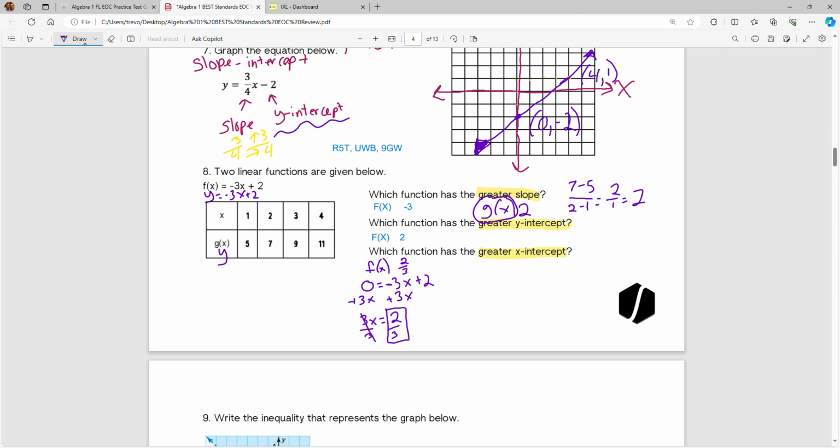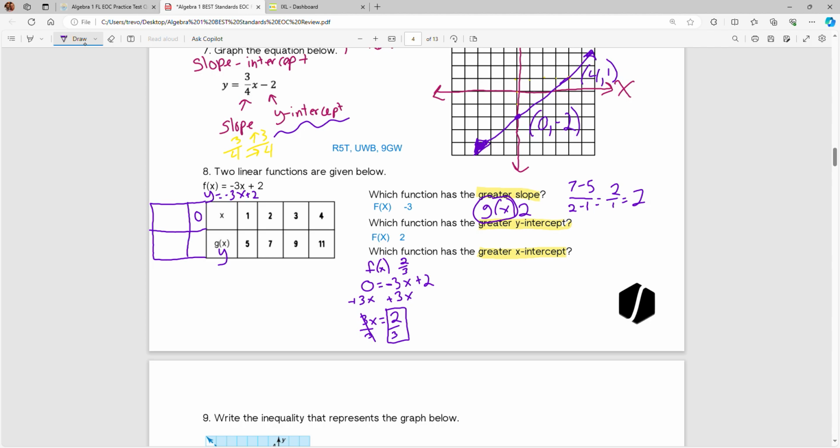And my y-intercept, they did not give me in the table, but I can continue this table going this way. And 4, 3, 2, 1, right? The numbers are getting smaller. My next number would be 0.